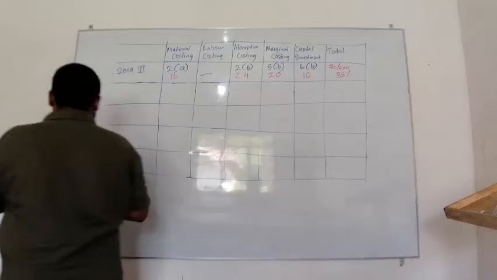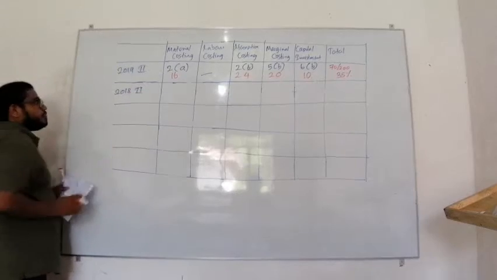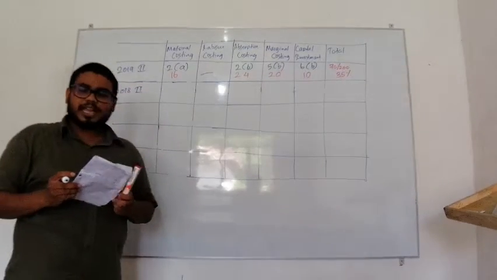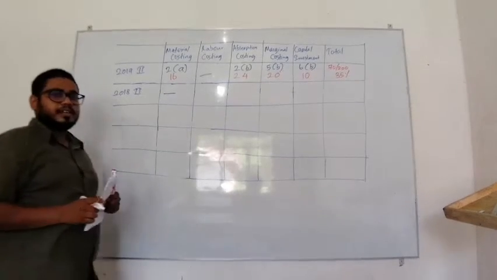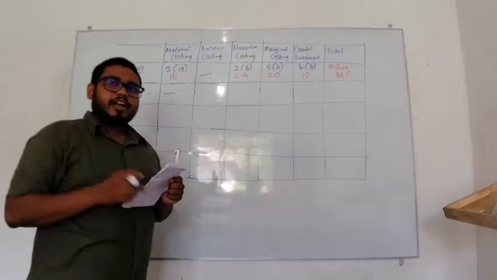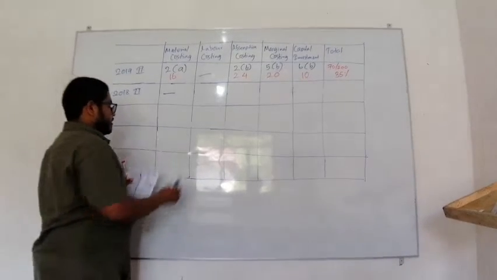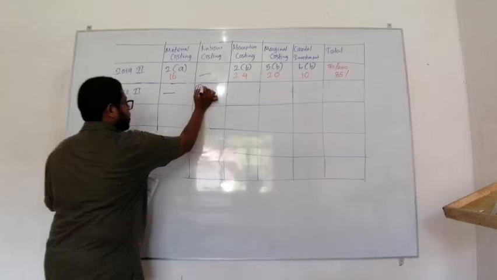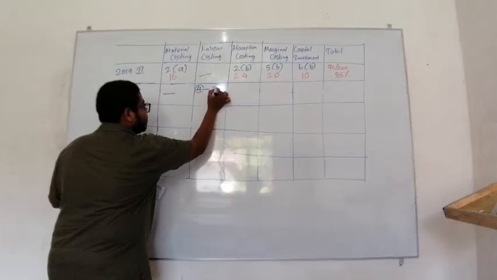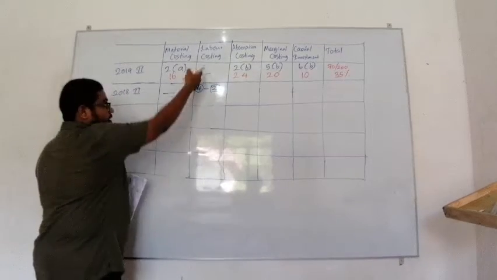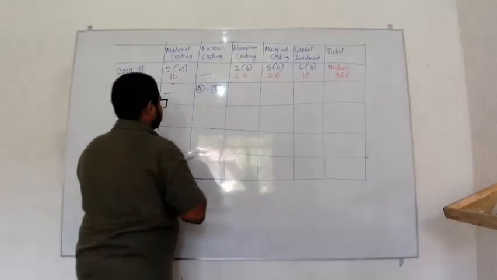And now we can move to 2018 part 2. When it comes to 2018, you can't find any question related to material costing. And when it comes to labor costing, you will find one question, which is question number 4. But under question number 4, you have to look at part 2 to find the labor costing part, which carries 5 marks.